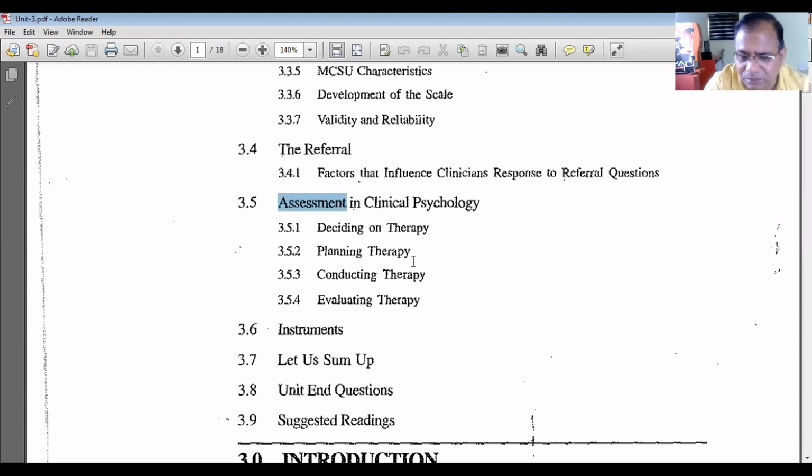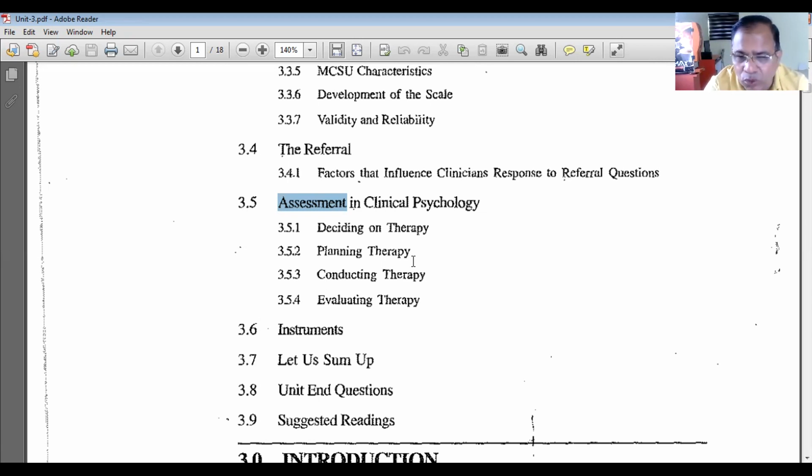Then planning the therapy. Now here planning the therapy means actually you have to tell the time period to the client. You have to tell the possible result which can come. You have to tell the cost of the therapy.